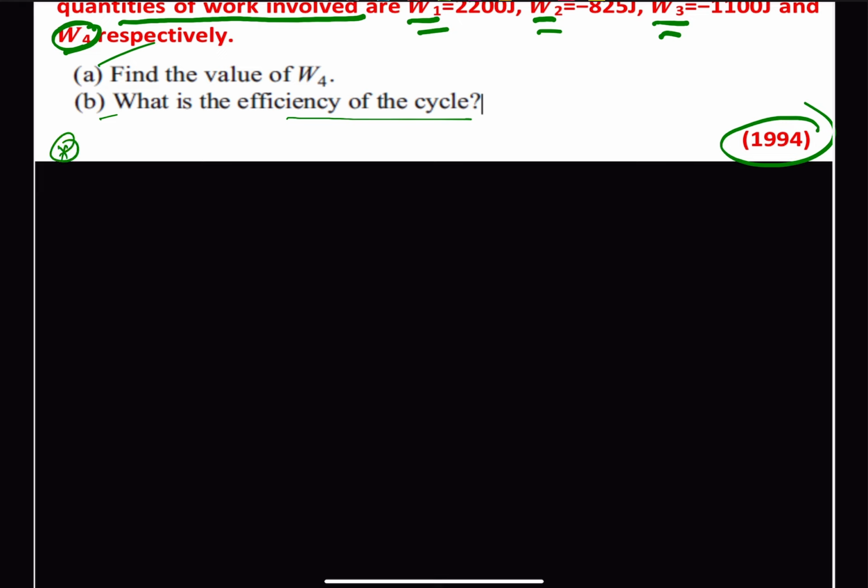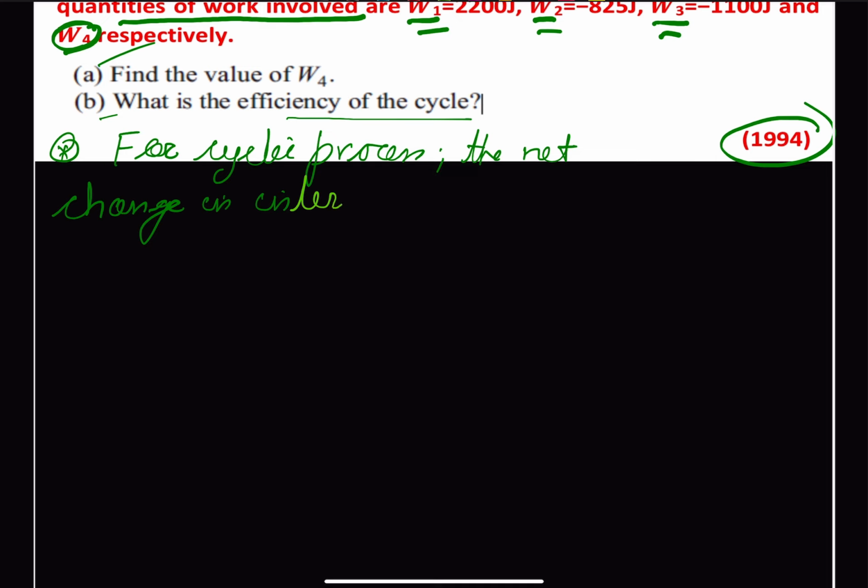So we can say for a cyclic process, the net change in internal energy, that is our delta U, is equal to 0. Okay. So let's find out part A.